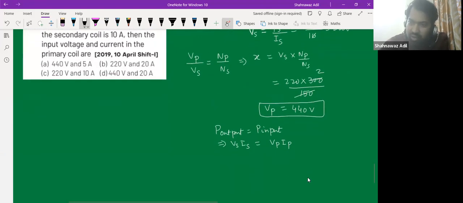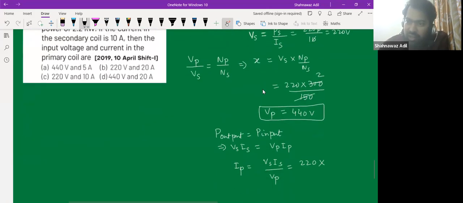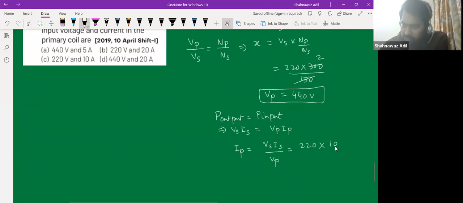Ip equals VsIs divided by Vp. Vs is 220, Is is 10, and Vp is 440. So this is 2 by 5, current would be 5 amps.